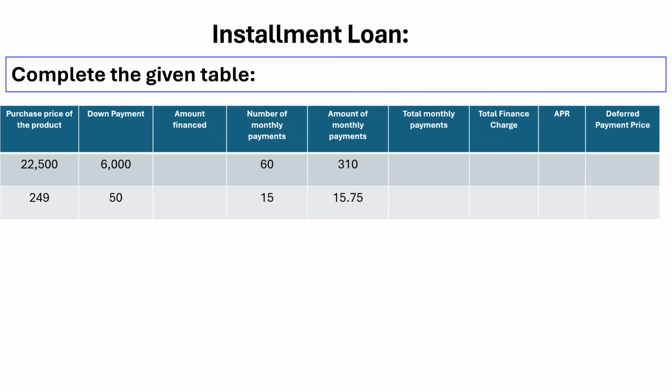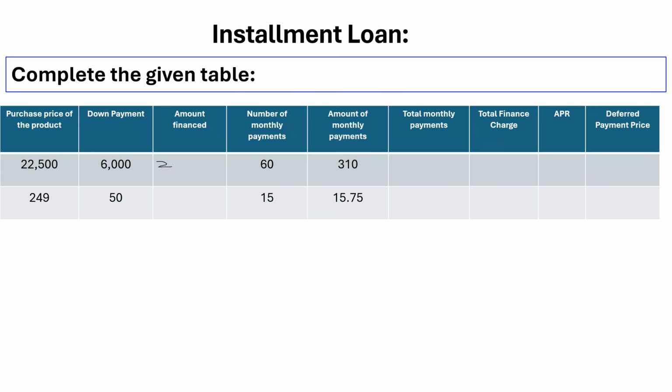How do we calculate the amount finance? My purchase price is 22,500. We calculate 22,500 minus 6,000.